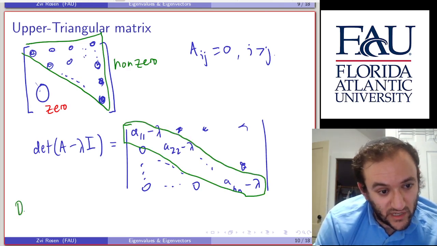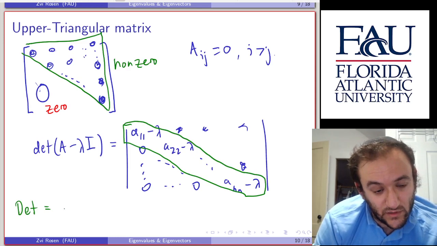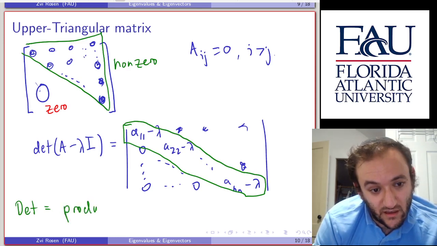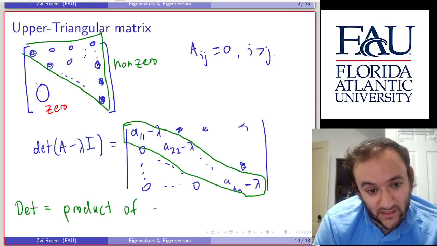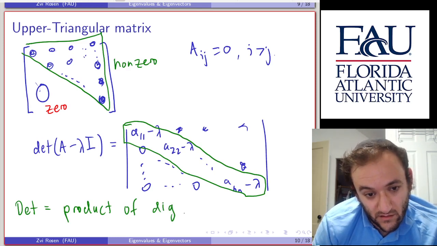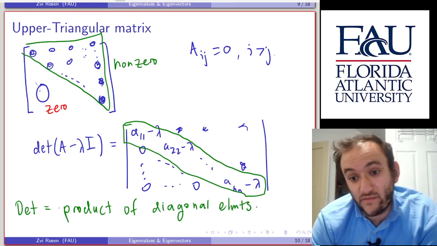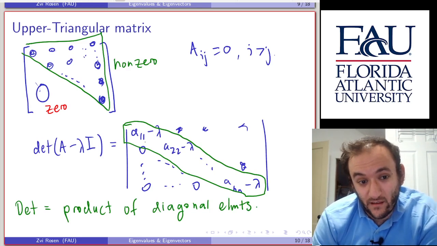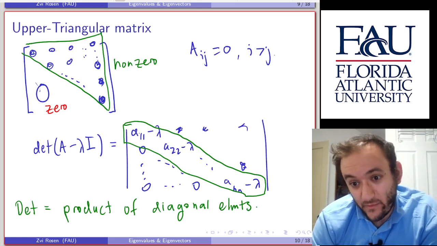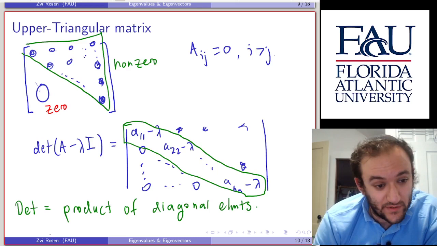So the determinant equals the product of diagonal elements. Okay, and what that means in terms of the eigenvalues is that the diagonal elements are exactly the eigenvalues.